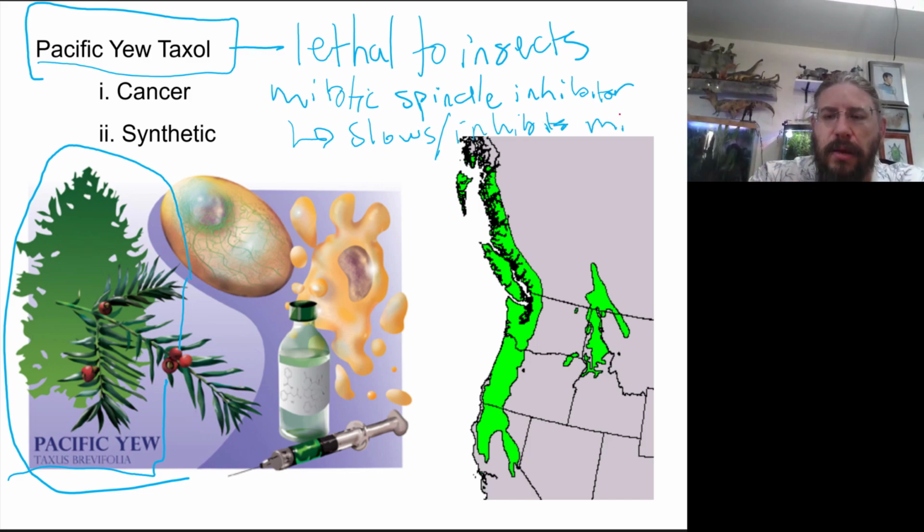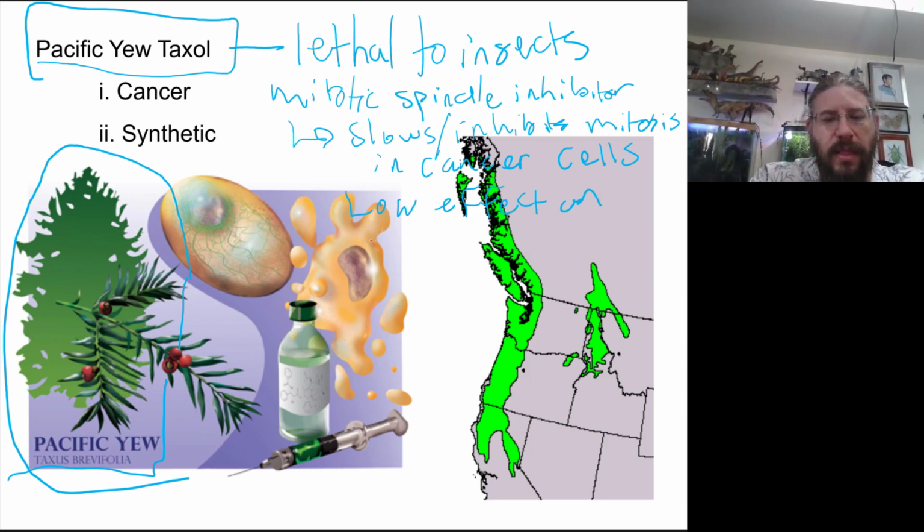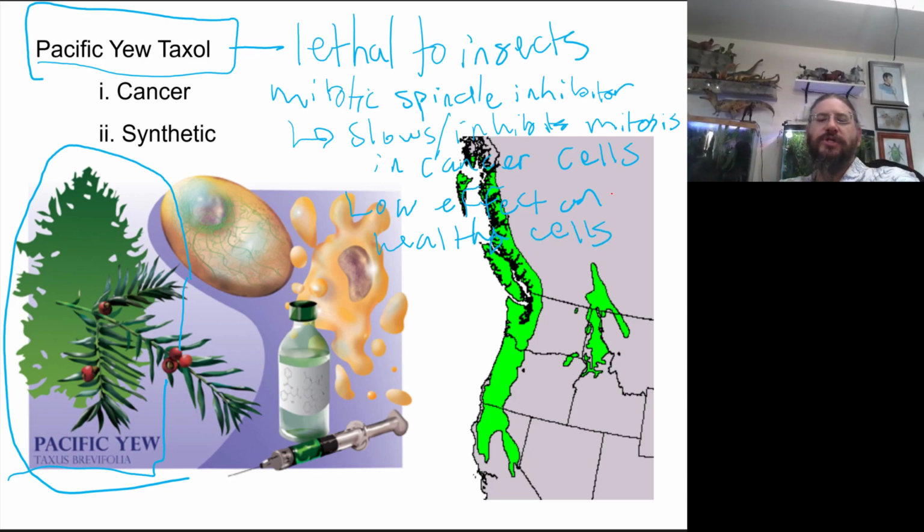It has significantly less effect on non-cancer cells, and it has a low effect on healthy cells. So as it turns out, you could give someone a transfusion of taxol.